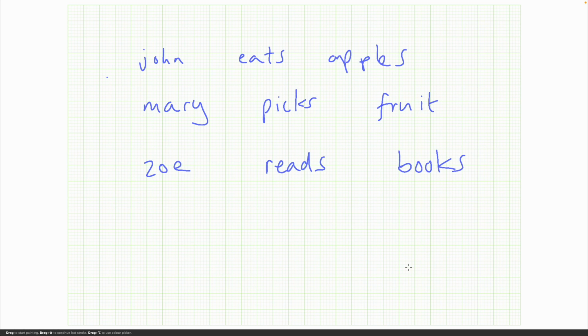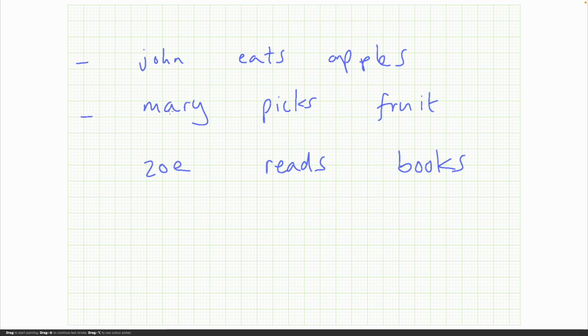So on the screen here you can see that I've got 3 sentences, very simple. Of course, English sentences can be more complicated, can be more sophisticated, can be richer, but we're going to stick to just this type of simple sentence. So we've got John eats apples.